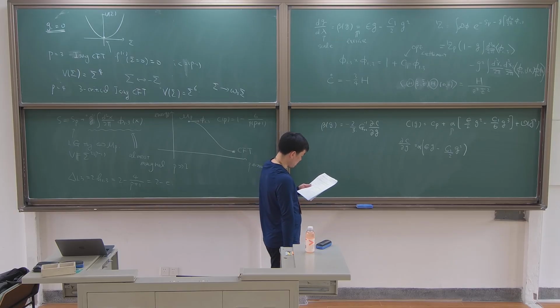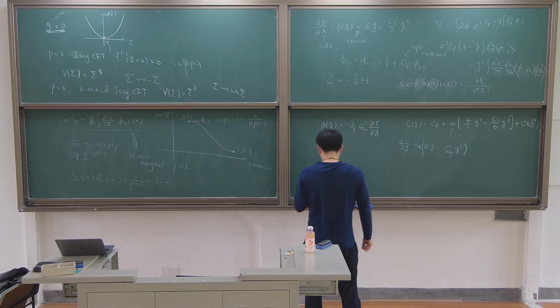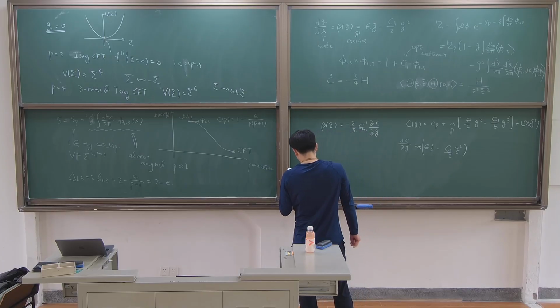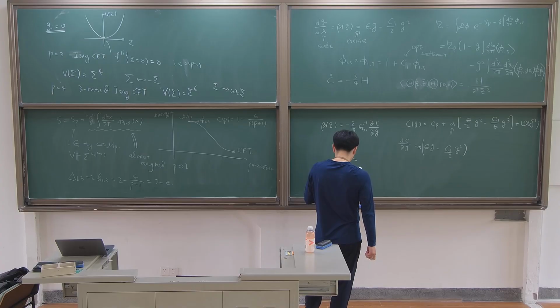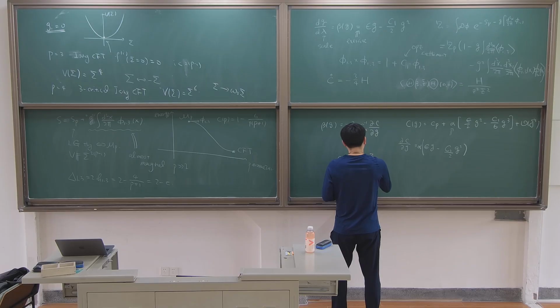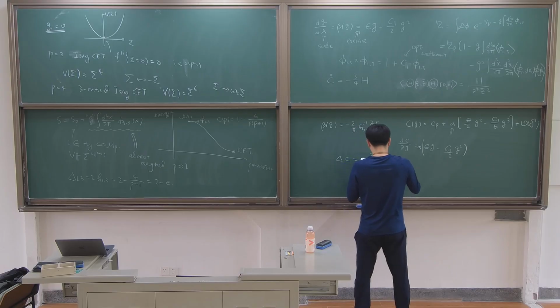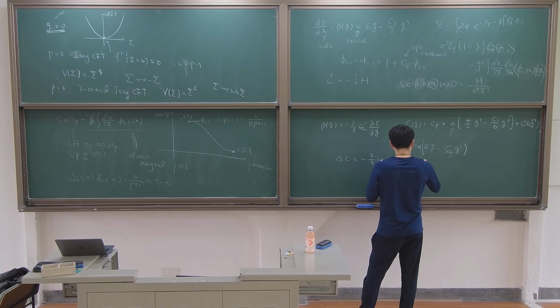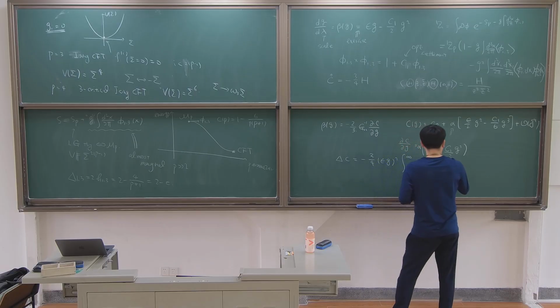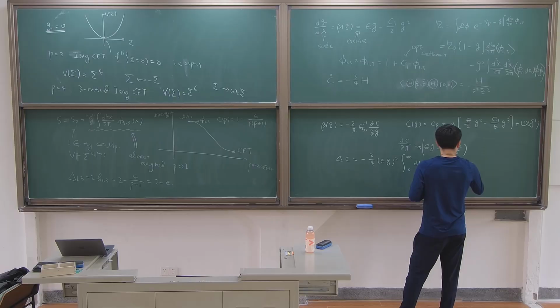This unknown constant can be evaluated as follows. Delta c is minus 3 over 4 epsilon, integral of dr squared, like this.